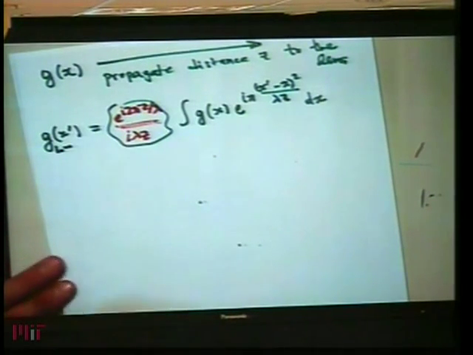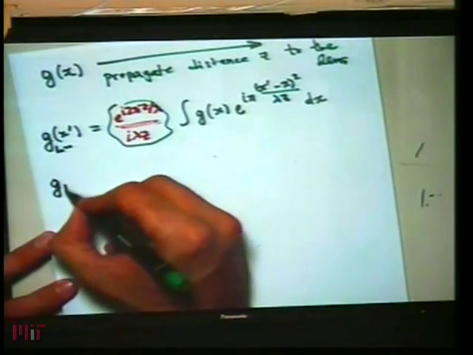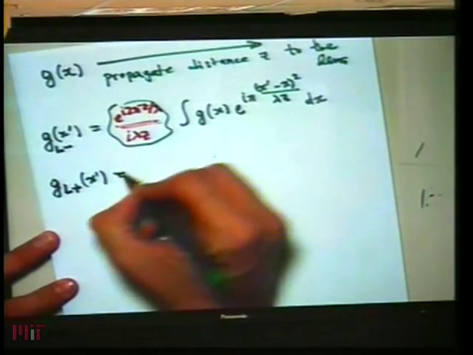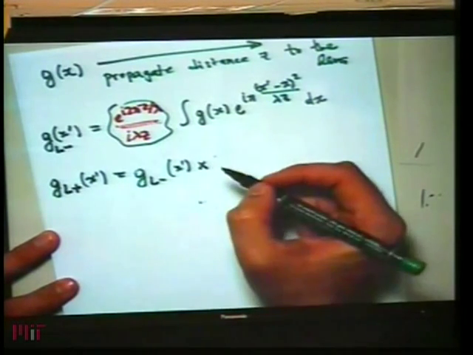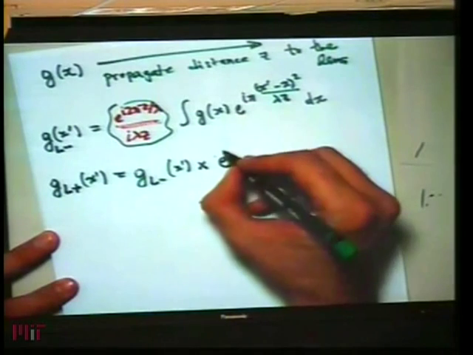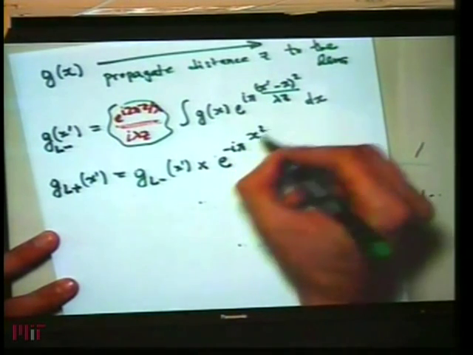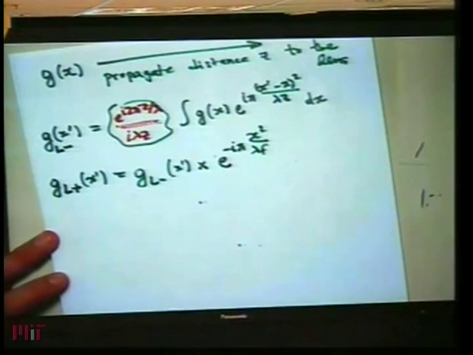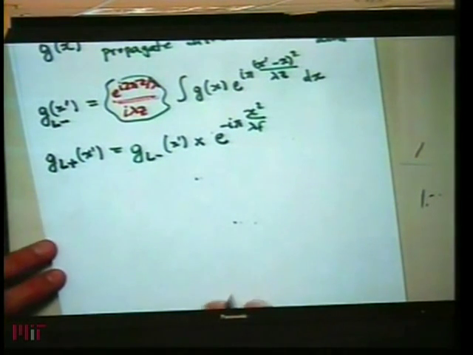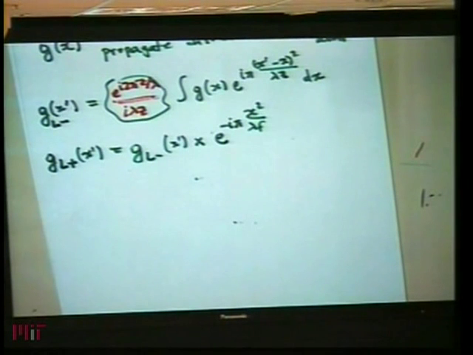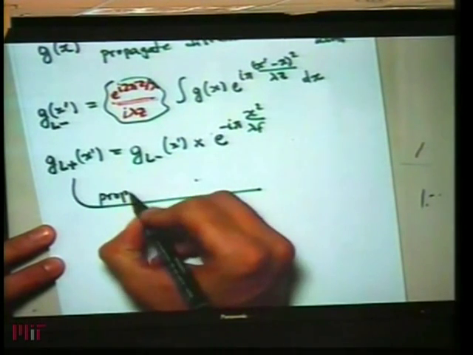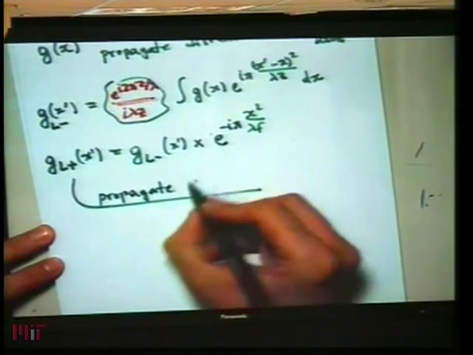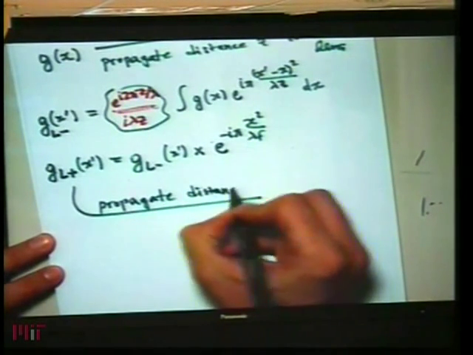Now the field after the lens equals the field before the lens times the lens itself, and the lens itself is something of the form e to the minus i pi x square upon lambda f. And finally, I have this field, and I have to propagate it. How long?